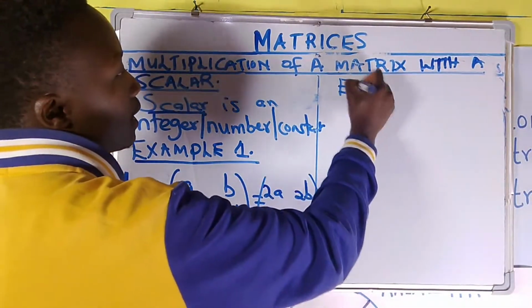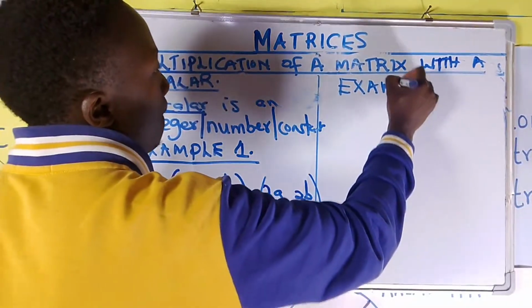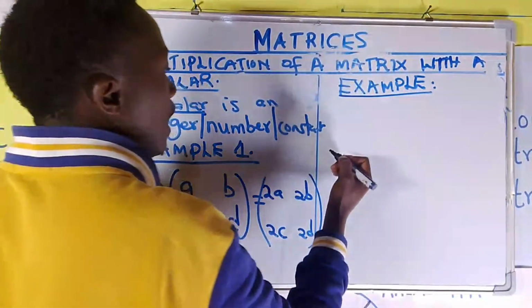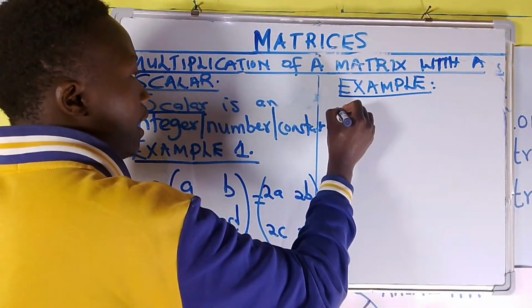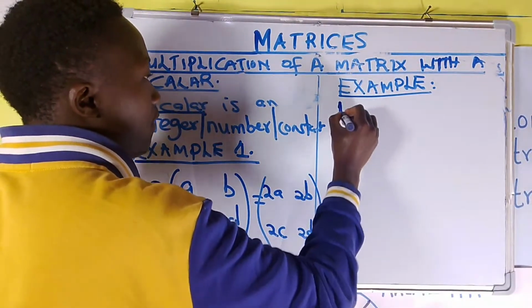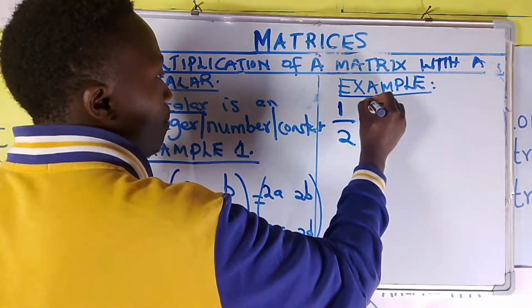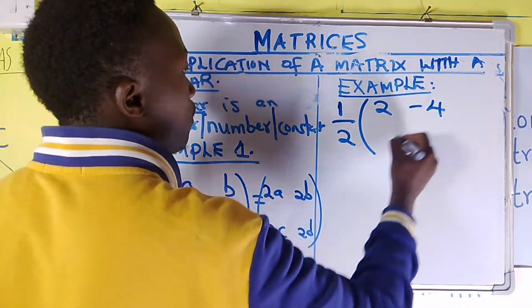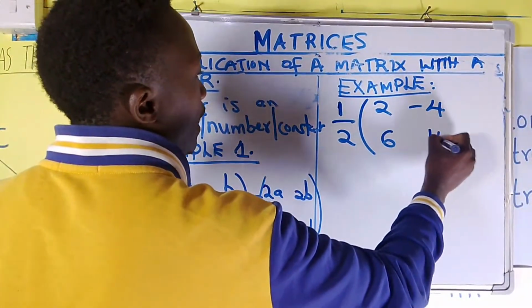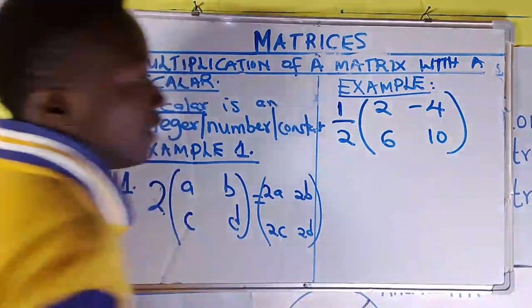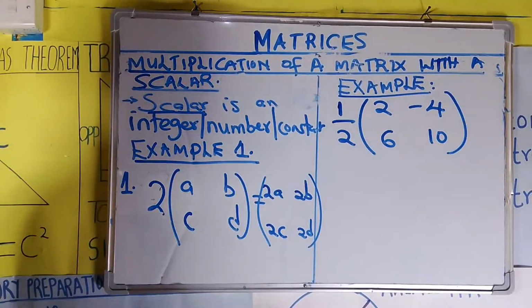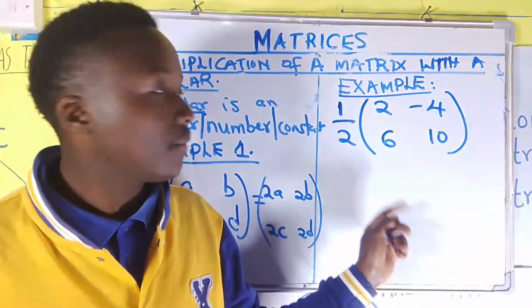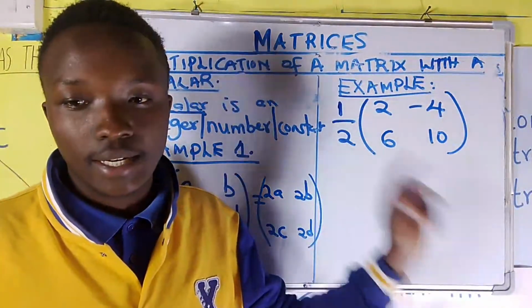Let us have our second example. If we have a half multiplied by 2 negative 4 6 10.